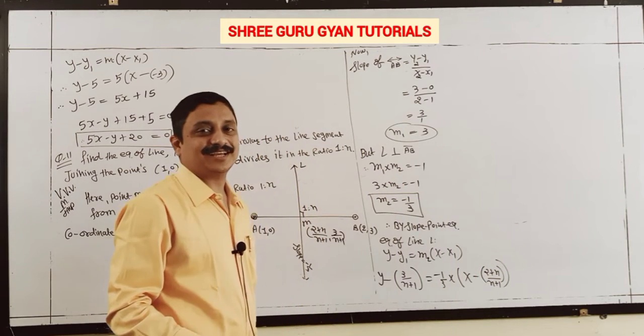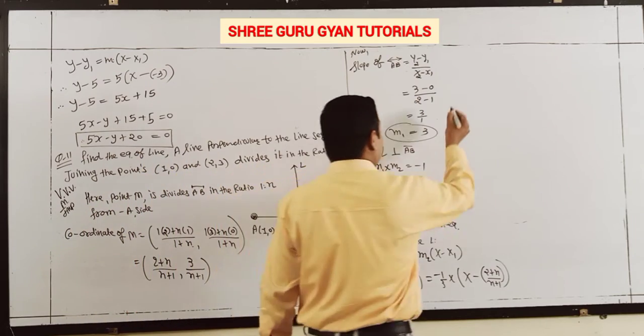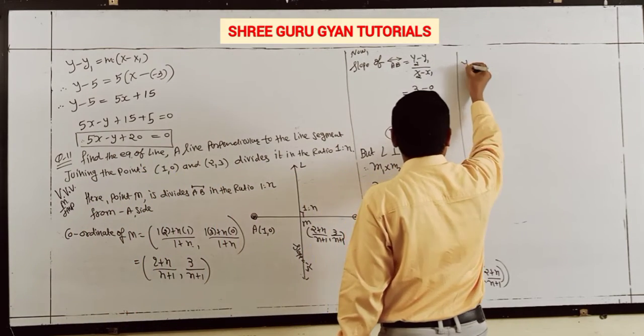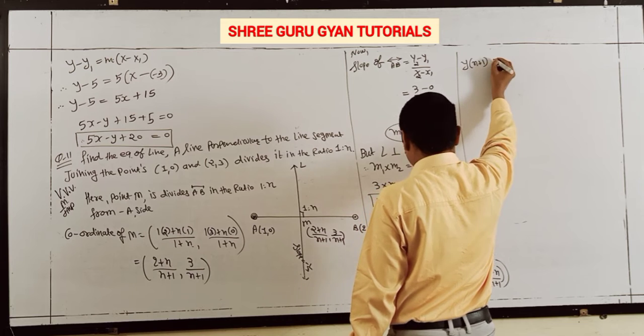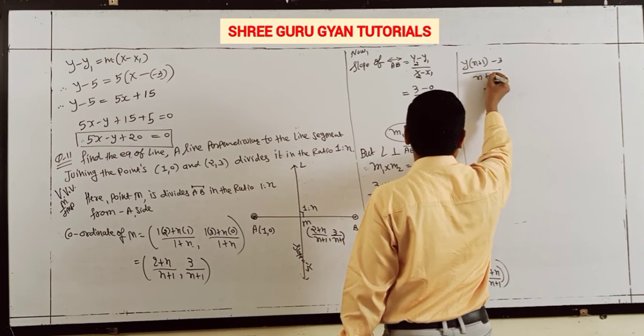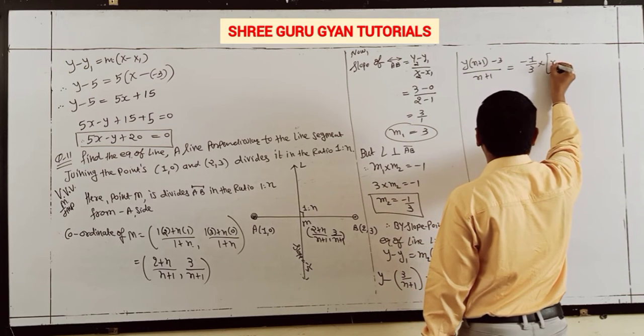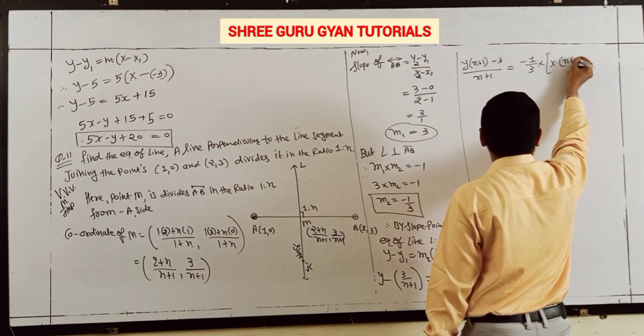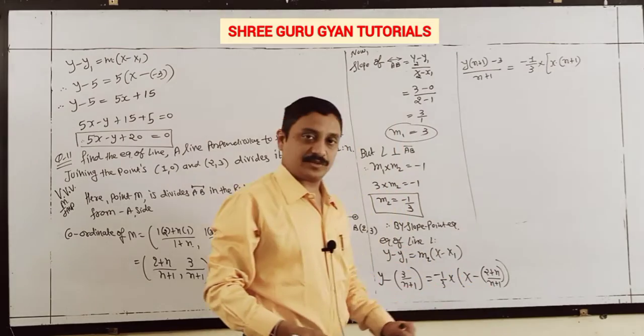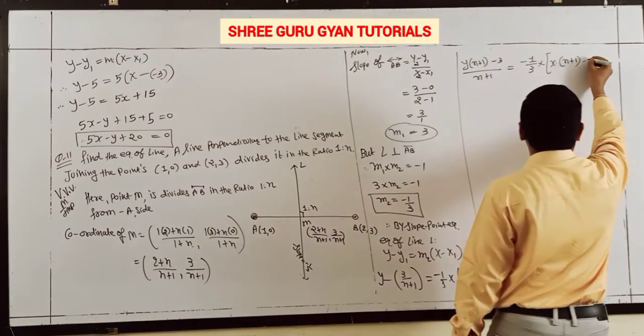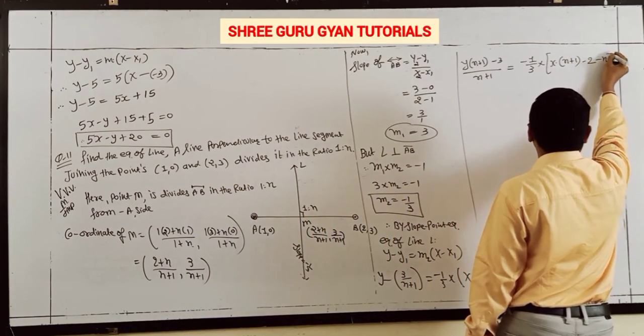And now students, take the LCM. Our answer comes here: y with n plus 1 minus 3 by n plus 1, on this side minus 1/3 times x with n plus 1 minus 2 minus n.